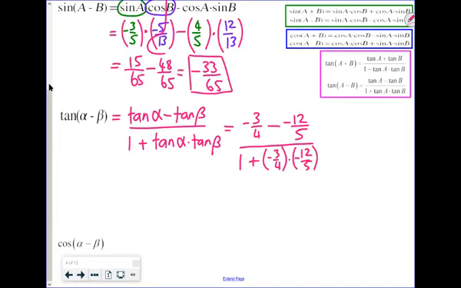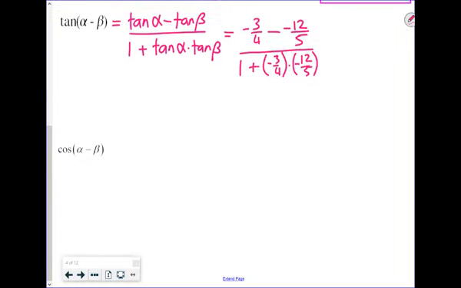So let's clean this up. So we've got common denominator. What I'm going to do is use the keep, change, flip technique. So I'm going to turn all of this into one fraction. What I'm going to use as the common denominator is 4 times 5. So this one needs to be multiplied by 5/5. This one needs to be multiplied by 4/4.